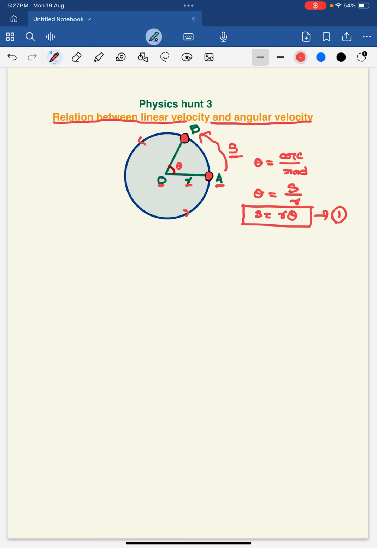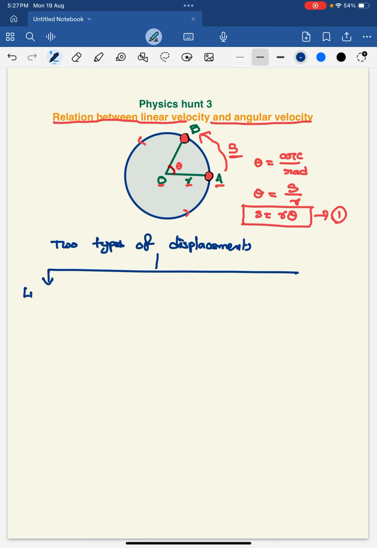Please remember, whenever a particle is moving in a circular path, it exhibits two types of displacements. One is linear displacement and the other one is angular displacement.